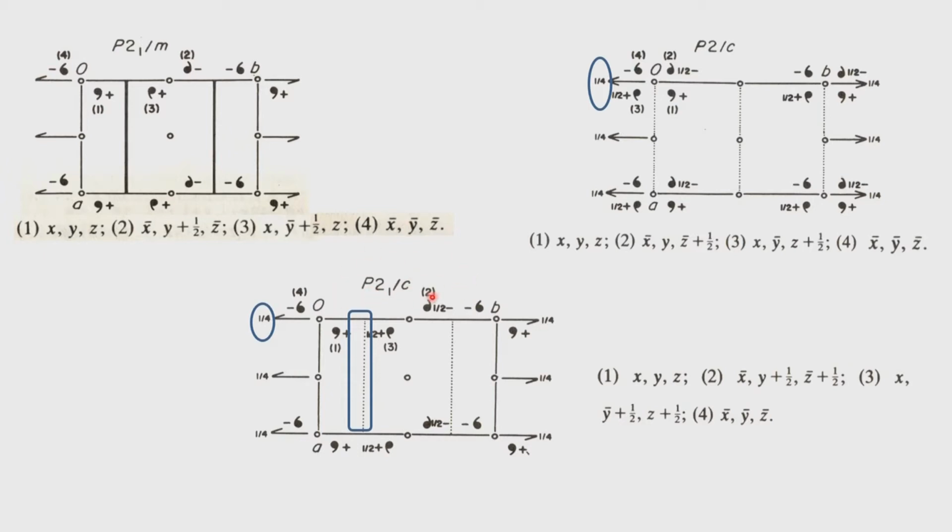So, we have a situation where the three systems P2/m, P2/c and P21/c have translation involved components. How many translation involved components come up is discussed here.